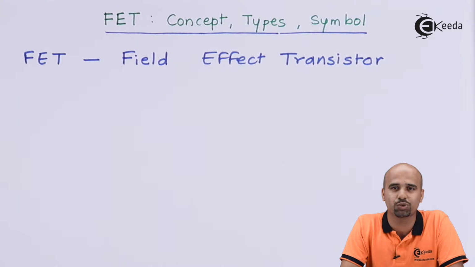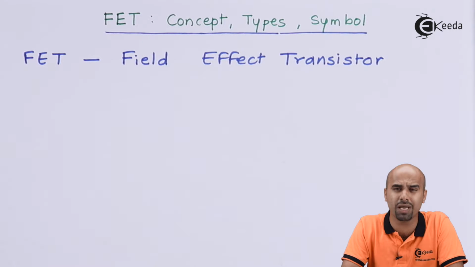Hi guys, today in this video lecture we will learn Field Effect Transistor, FET, types, concepts and symbols. As far as FET is concerned, we have learned the bipolar junction transistor. In bipolar junction transistor, we have not yet discussed field effect. So field effect transistor is another type of transistor.